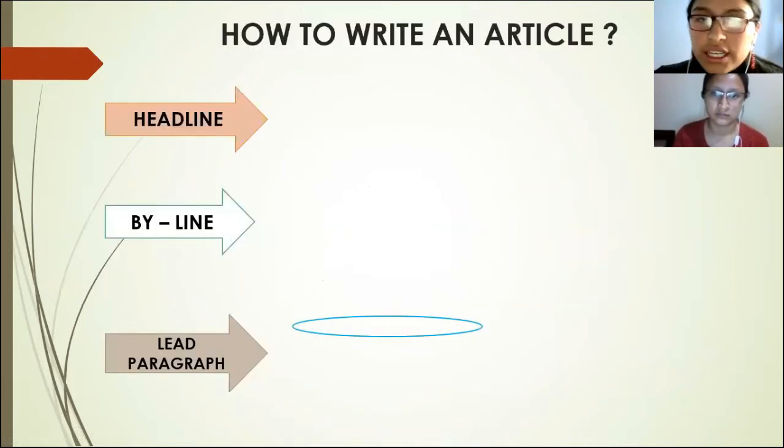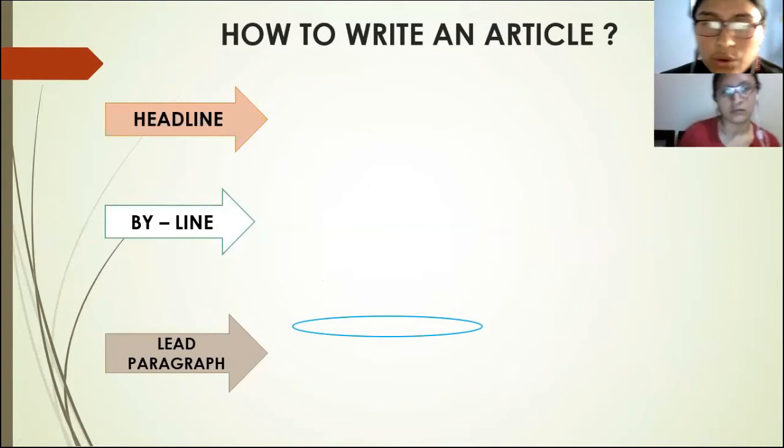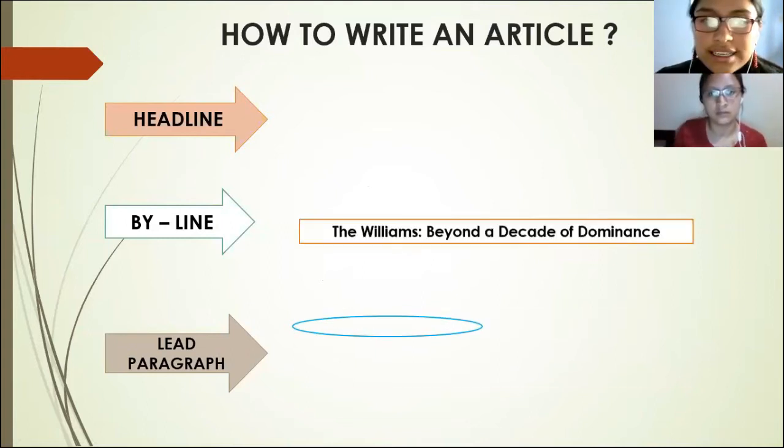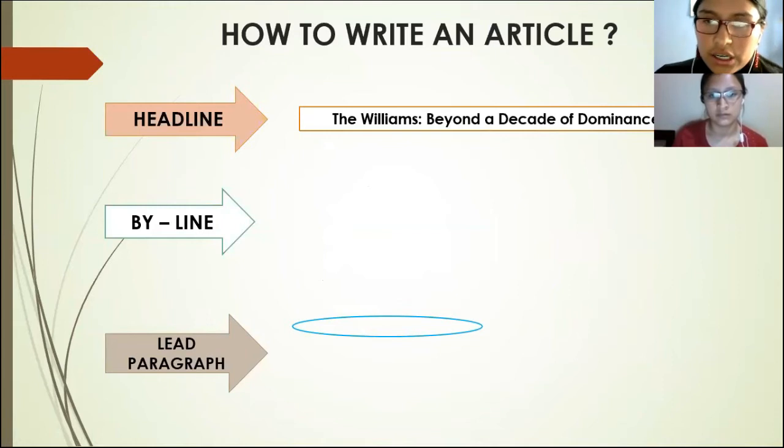Now I'm going to show you how to write an article. You know that an article has 4 parts. The first one is the headline. Do you remember what the headline was? Headline is the title of an article. Yes, good.